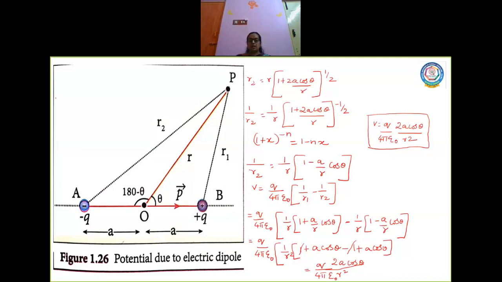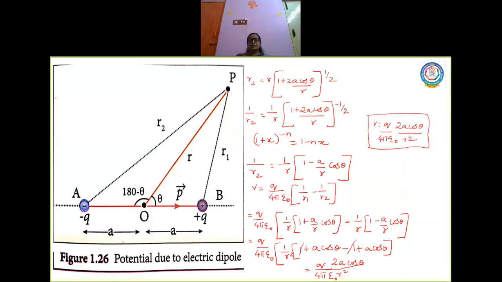Okay. Now I'm going to discuss, this is the total potential. This is the total potential due to an electric dipole, at point P. At this point, the potential will be Q by 4 pi epsilon naught 2a cos theta by r square due to the electric dipole. Now I am going to discuss 3 special cases here.